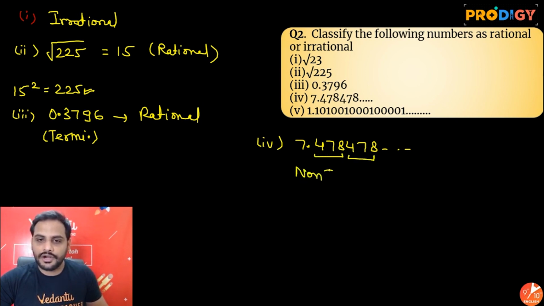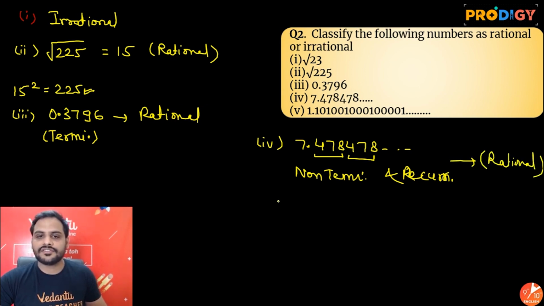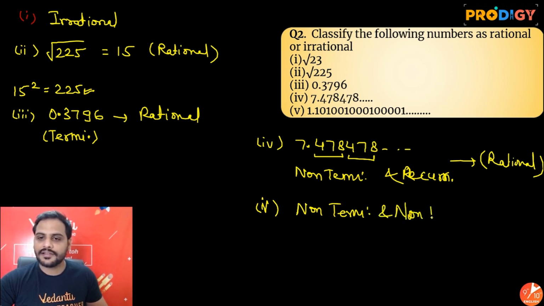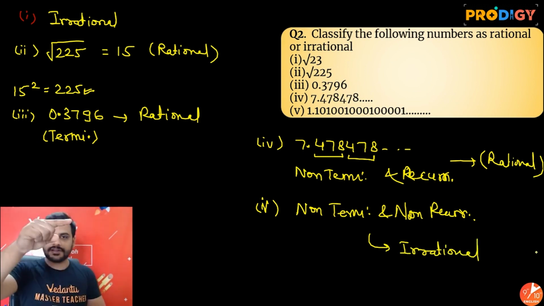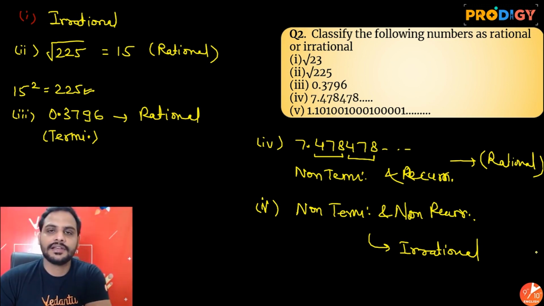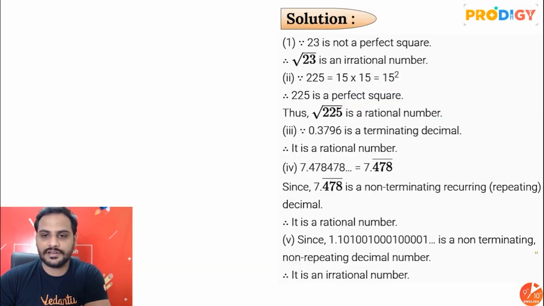So it is non-terminating and recurring, and if it is non-terminating and recurring, we know beta it is a rational number. And the last one is non-terminating and non-recurring. That is why it will be an irrational number. Okay? So only the first and the fifth one are irrational. Second, third, and fourth are rational numbers.